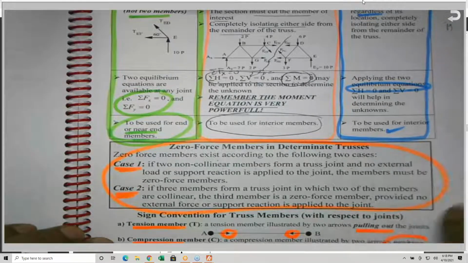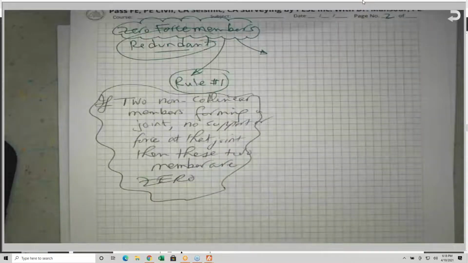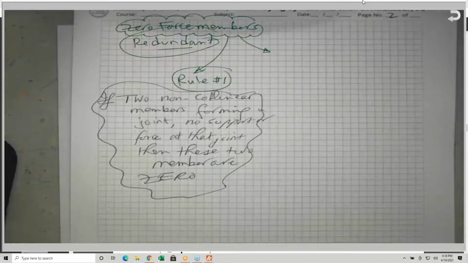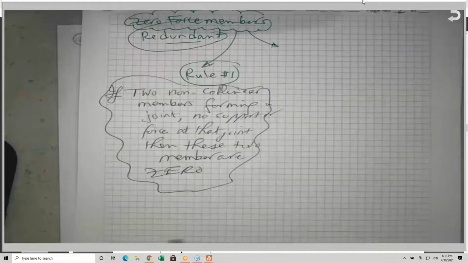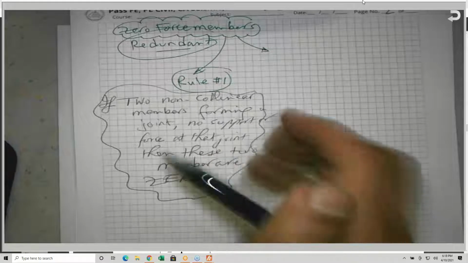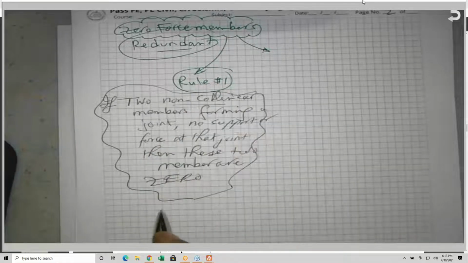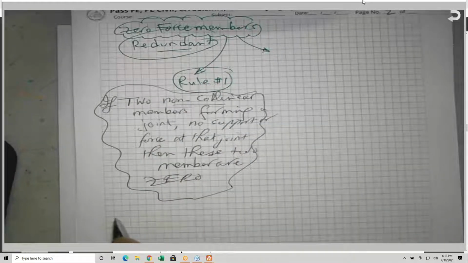Translate into English. What do you mean by non-collinear members? We are going to see in surveying bearing and distances and all these things.